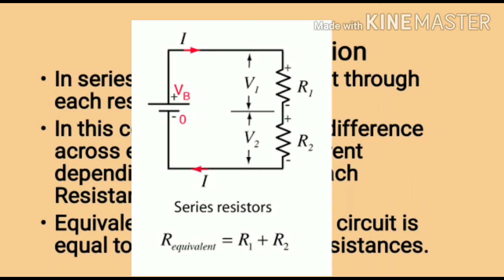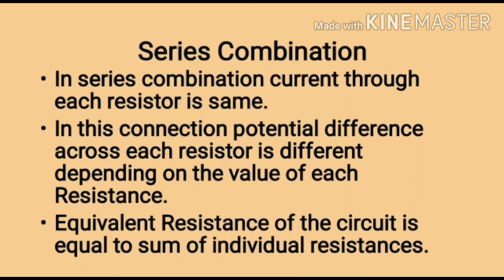In series combination, current through each resistor is same. Potential difference across each resistor is different depending upon the value of resistance. So, equivalent resistance of the circuit is equal to sum of individual resistances.